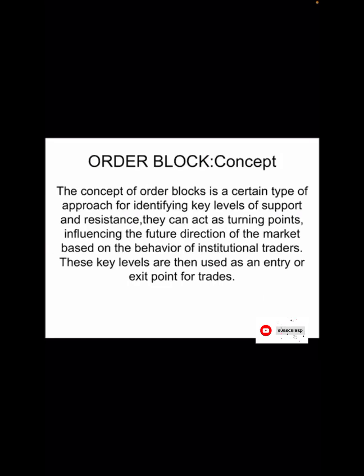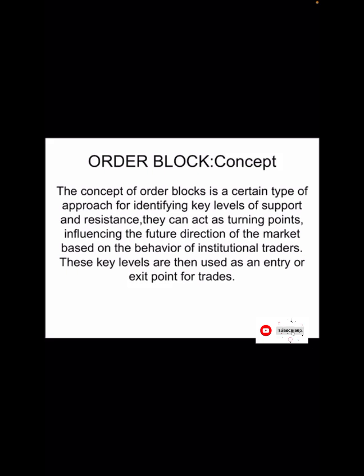This is very, very important. So in this video, we are looking at this concept so that we will understand how we can trade like them. From experience, we realize that these order blocks are key identifiers of key levels. These order blocks help us to identify key levels of support and resistance.